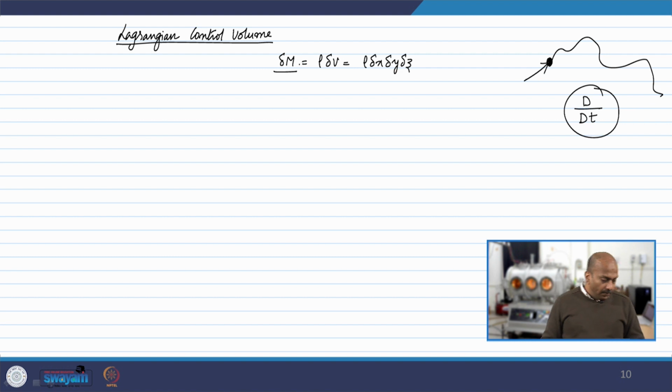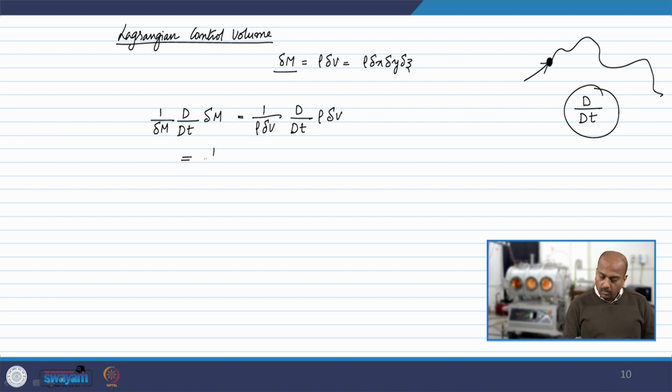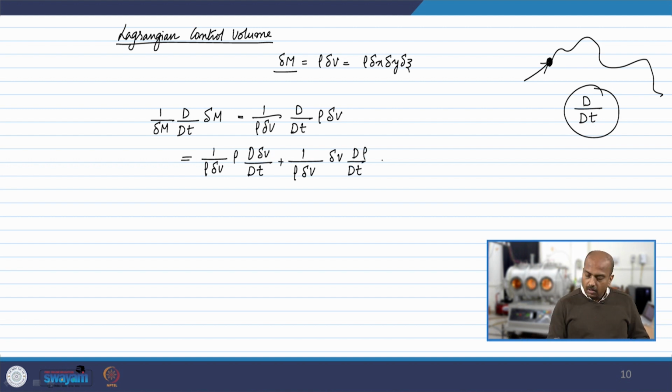That means we can write d by dt of delta m, which is d by dt of rho delta v, as 1 by rho delta v times, keeping rho outside, rho d of delta v by dt, plus 1 by rho delta v, keeping delta v outside, delta v d by dt of rho, equal to 0 for the conservation to work.